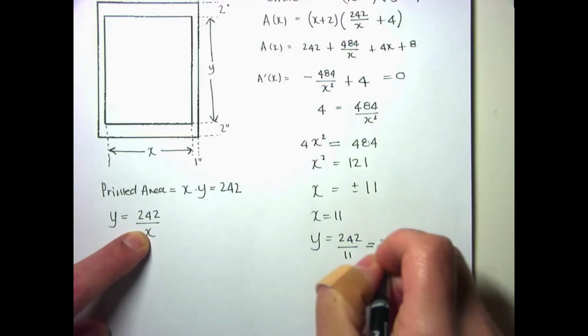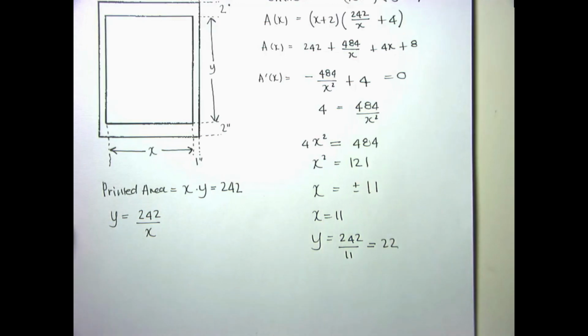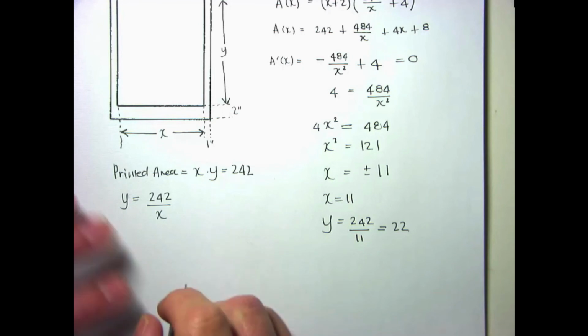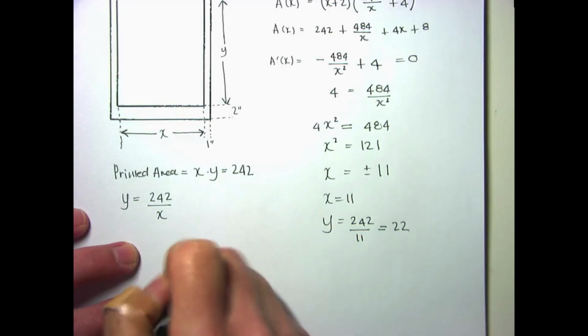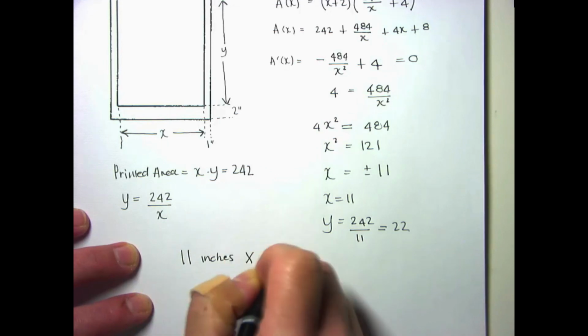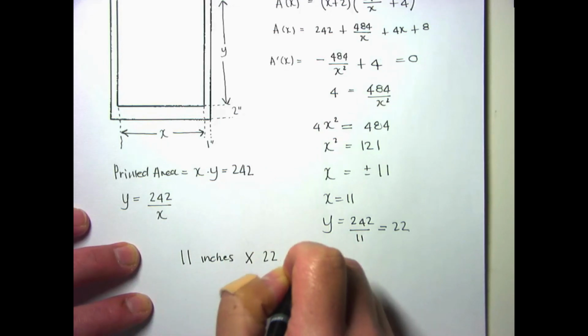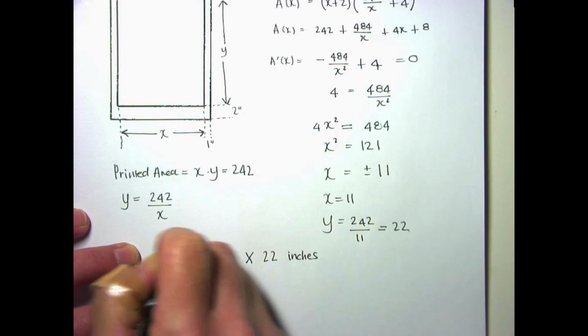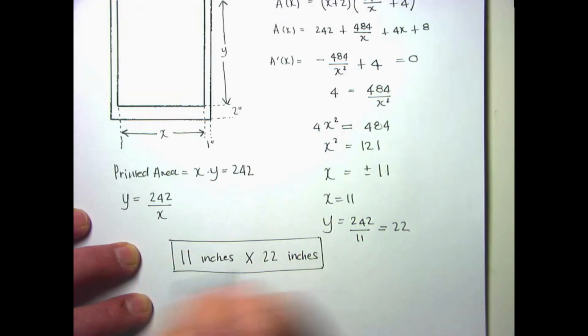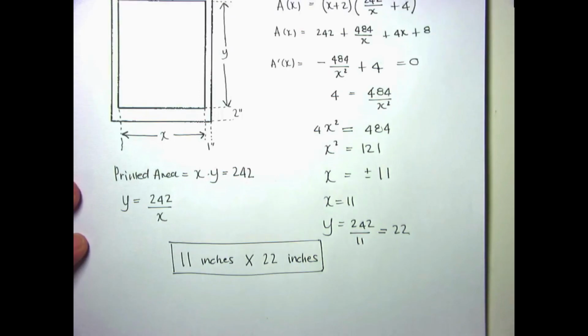That's equal to 22. So I'm going to go ahead and give my answers here. Remember, we measured in square inches. So this will be 11 inches by 22 inches.